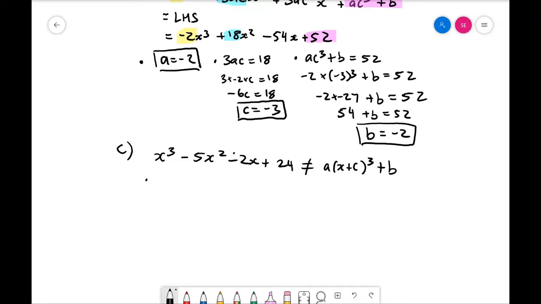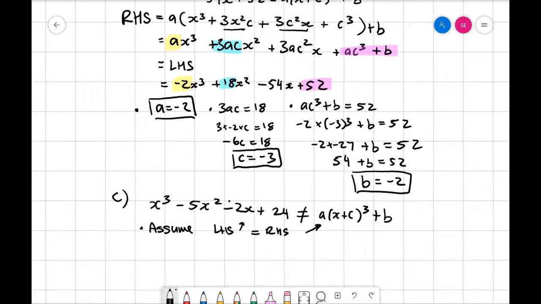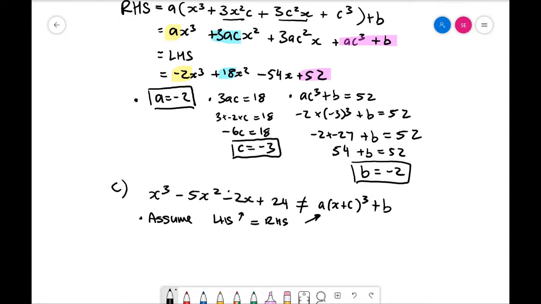So what we'll do is we'll make an assumption. We'll assume it is true. We'll assume the left-hand side is equal to the right-hand side. So if we look back up here, we've got our expanded form of the right-hand side, so we'll write that down.